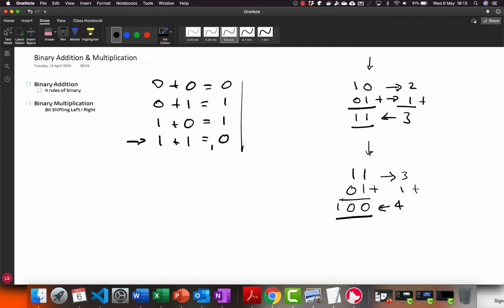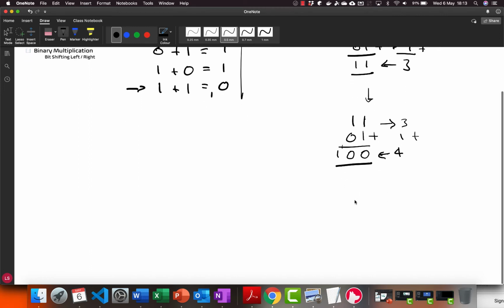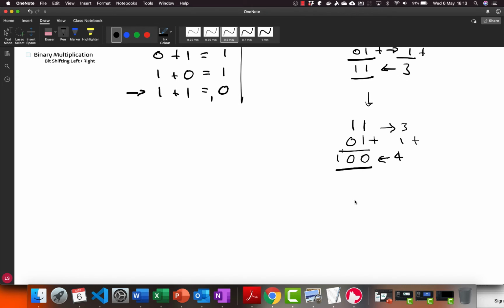Okay, good. So the next thing we're going to talk about is how do we multiply and divide in binary. Well, we're going to cheat a little bit, is the answer. Because first of all, we're only going to multiply and divide by powers of 2. All you have to be able to do is to multiply and divide by powers of 2.